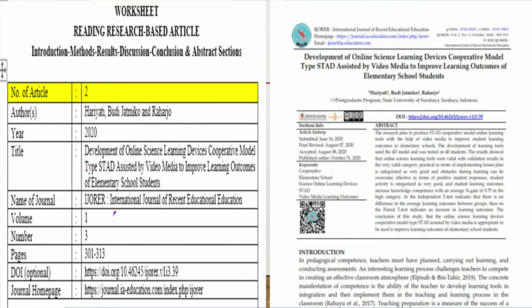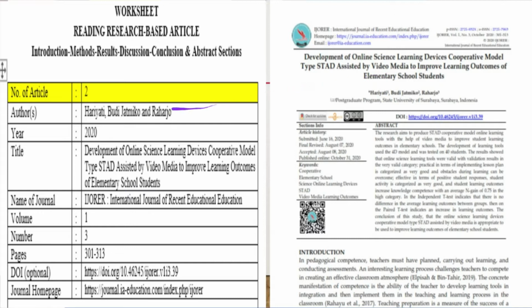The identity of articles consists of authors, year, title, name of journal, volume, number, pages, DOI, journal home page.